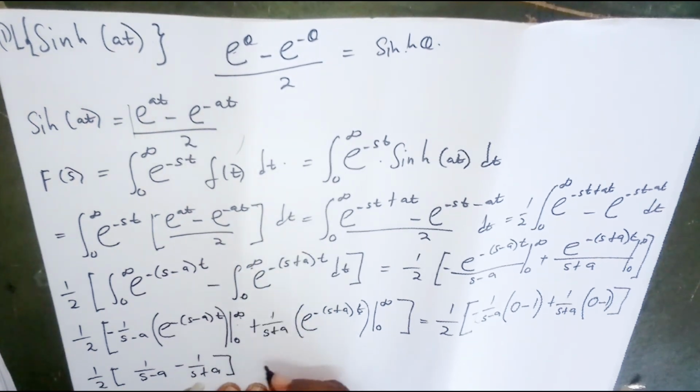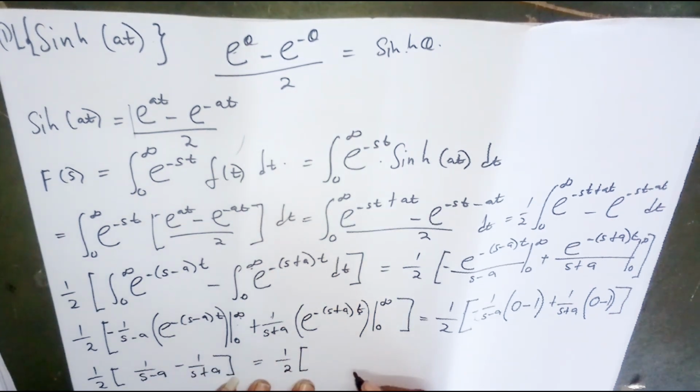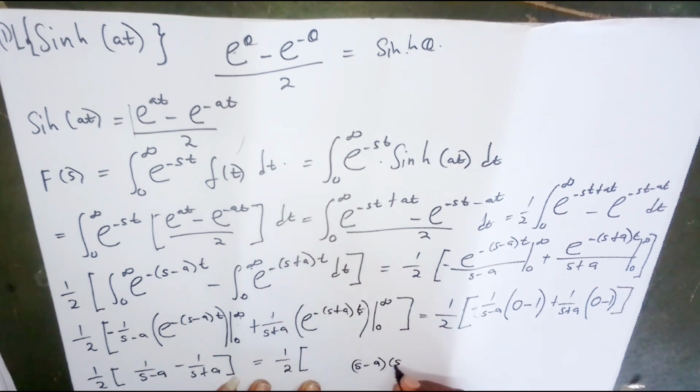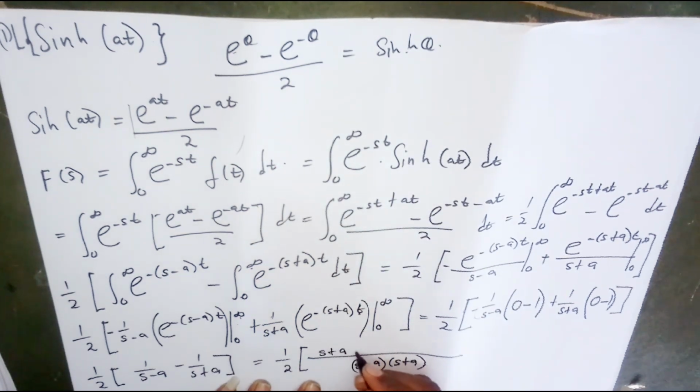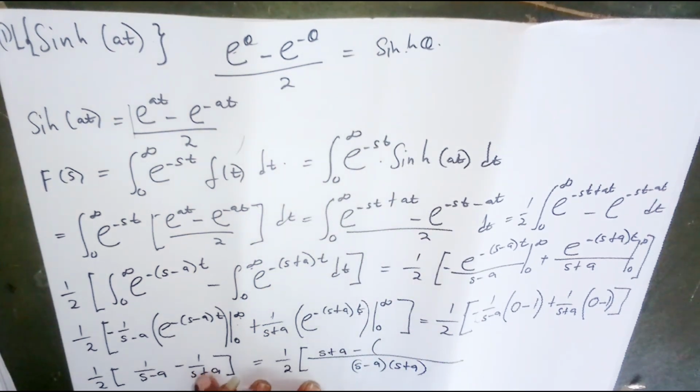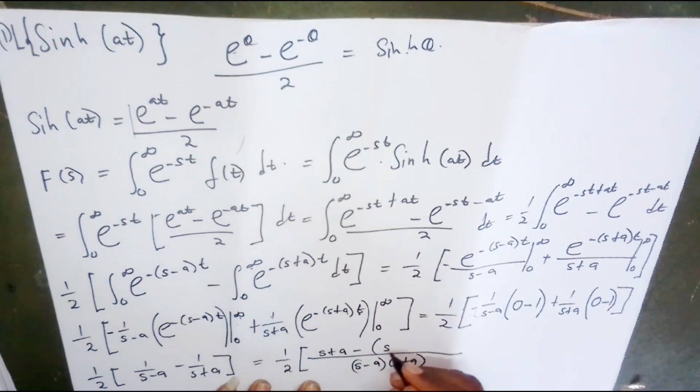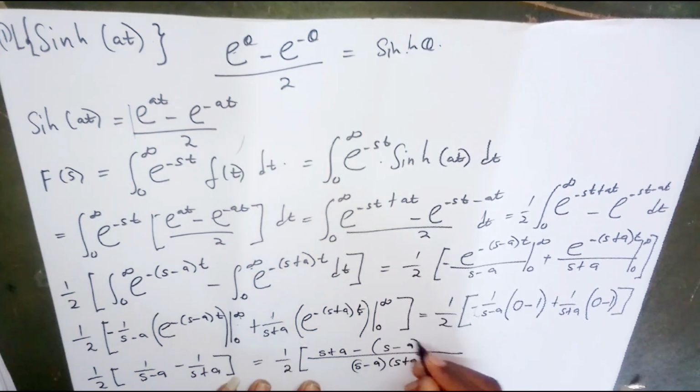Now let us find our denominator; we would like to simplify this away from the brackets. We find our denominator is (s minus a)(s plus a). If we divide with this one, we are left with s plus a, negative. Then if we divide with this one, we are left with s minus a.